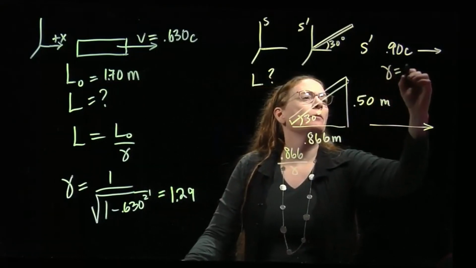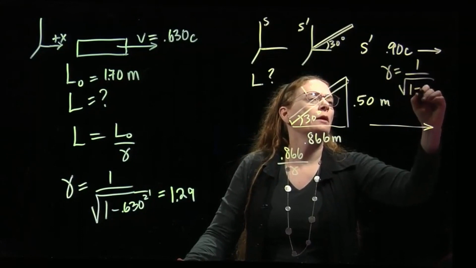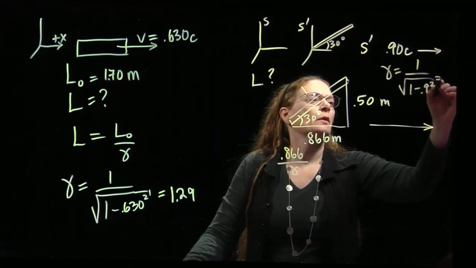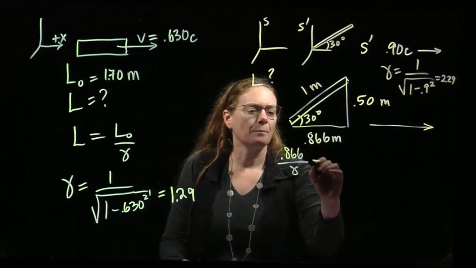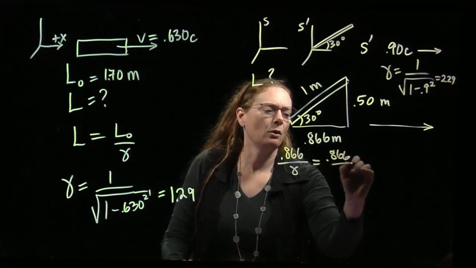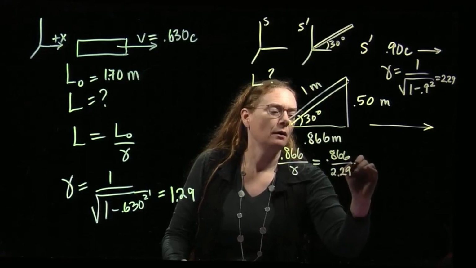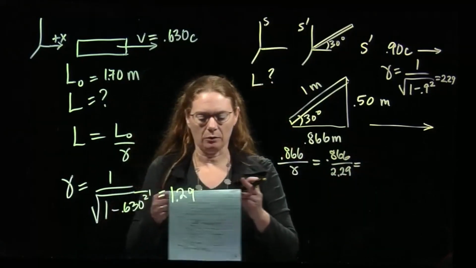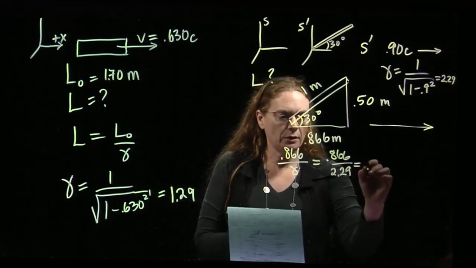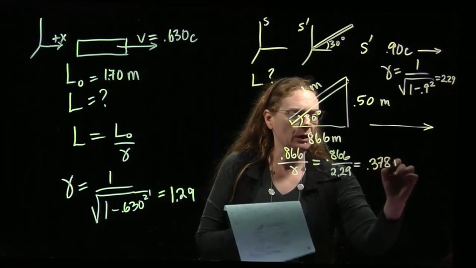Gamma is going to be 1 over the square root of 1 minus 0.9 squared. We did that before, 2.29. So 0.866 over 2.29. What is that length going to be? I got 0.378 meters.